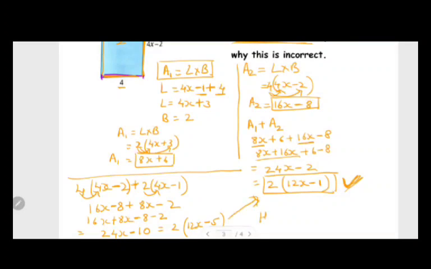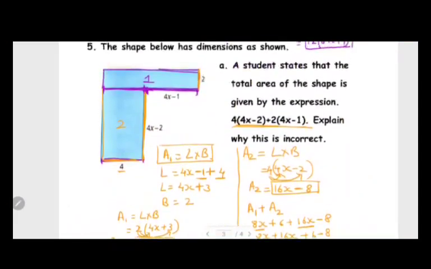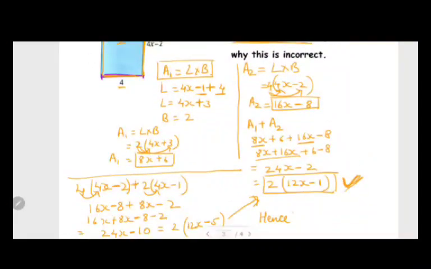Hence, the student is incorrect. All right.